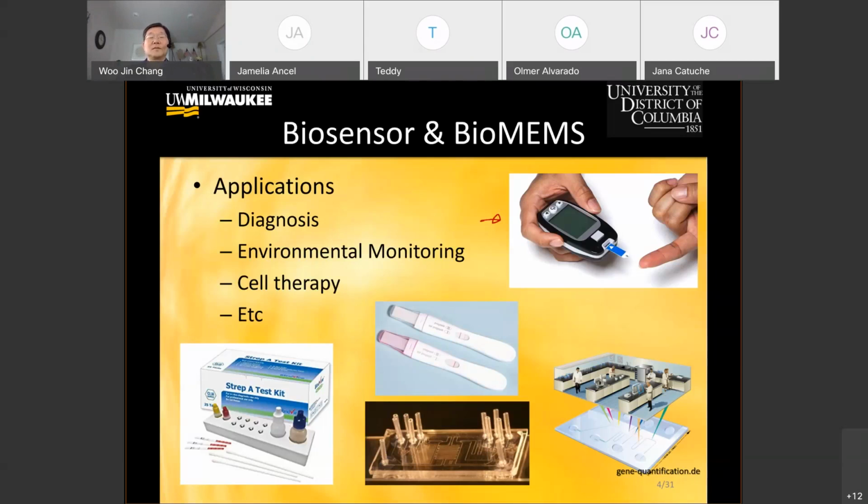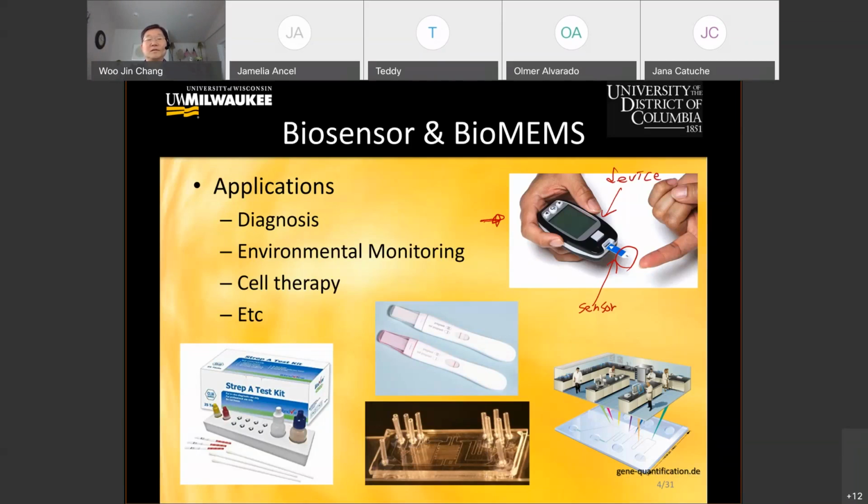And then for example, with this glucose level detection, you will just take some small amount of blood and put it at the tip of the sensor. So this part is the sensor, and then this device reads the signal from the sensor and decides how much glucose was included in your blood.